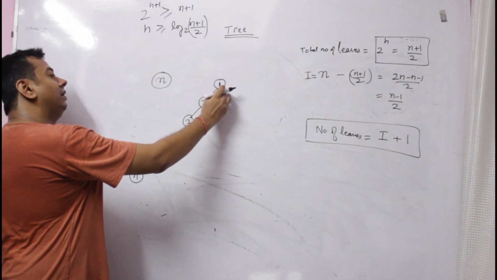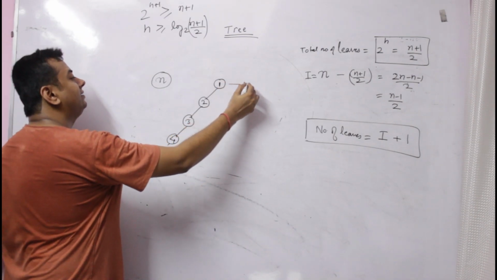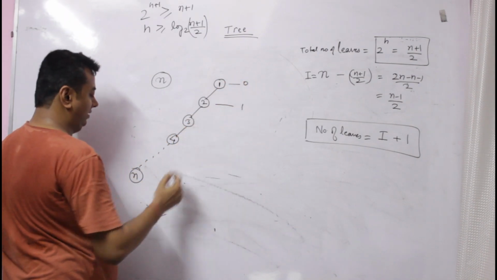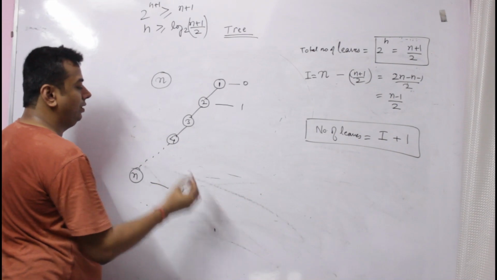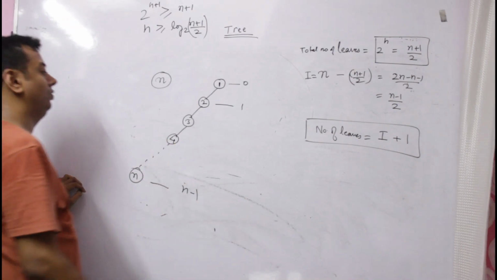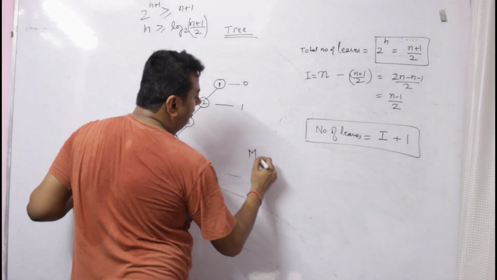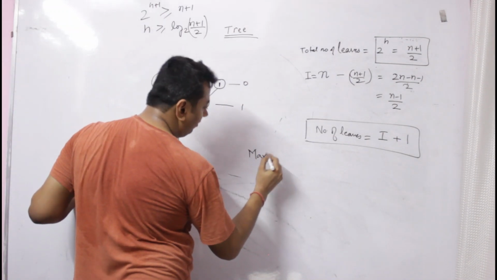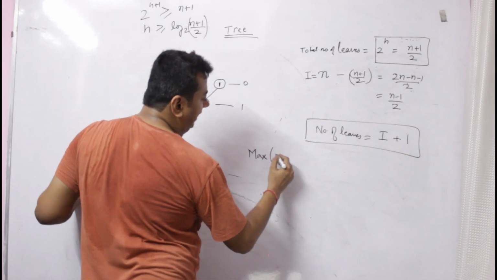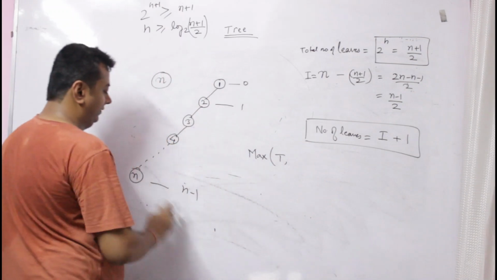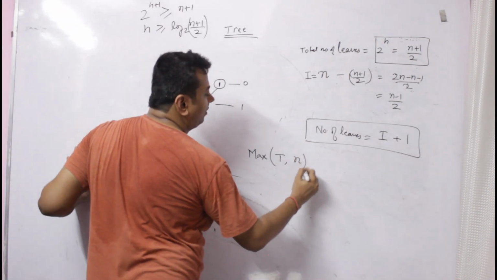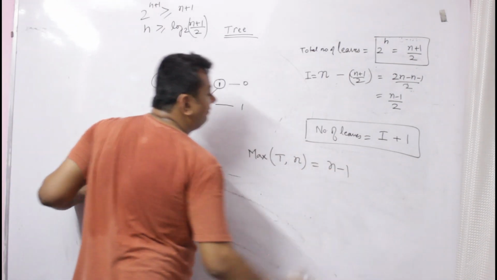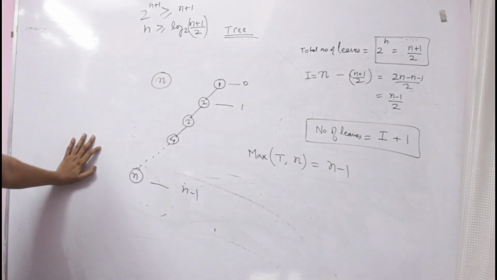So this will be height 0, this is height 1, this is height n minus 1. So the maximum height of any binary tree with total number of nodes n will be n minus 1.